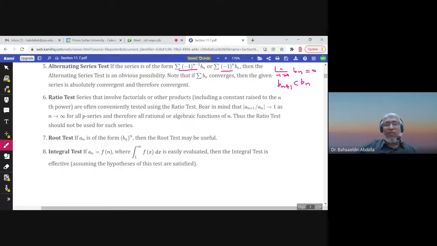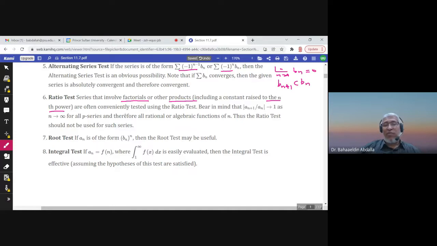If we have factorials or powers, or products, something raised to the power n, a constant raised to the nth power, 2 to the power n, 3 to the power n, for example, then we use the ratio test.